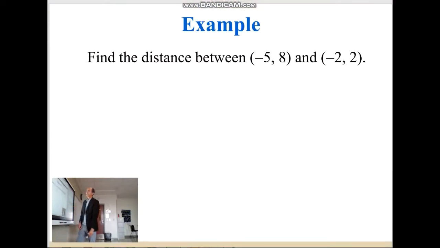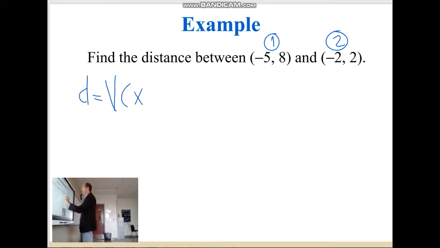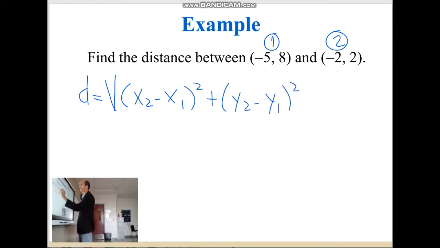Example: find the distance between points, and let's say this is point 1, and this is going to be point number 2. Okay? Distance equals, the formula you're going to apply, again, square root of x2 minus x1 squared plus y2 minus y1 squared.